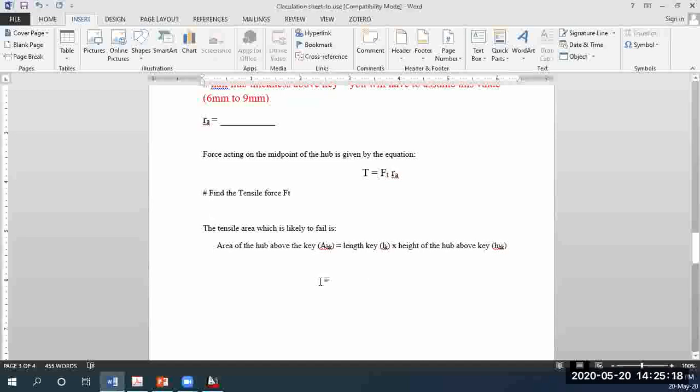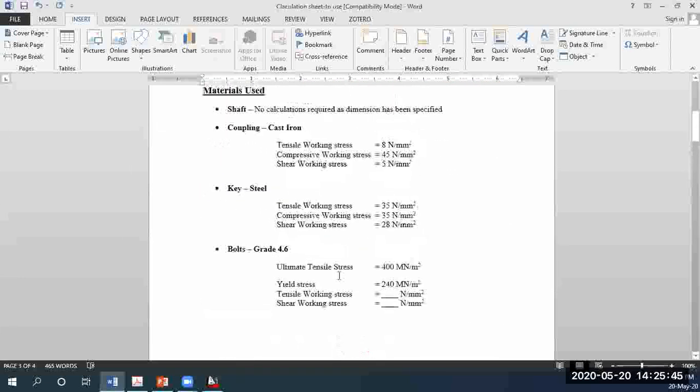So the tensile working stress of the hub is equal to... If you look at the tensile working stress given here, the key was made out of steel, that's fine.